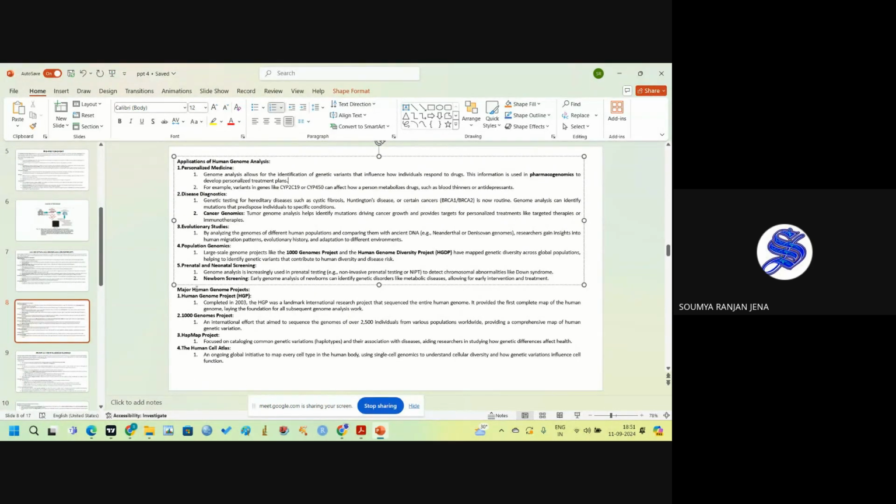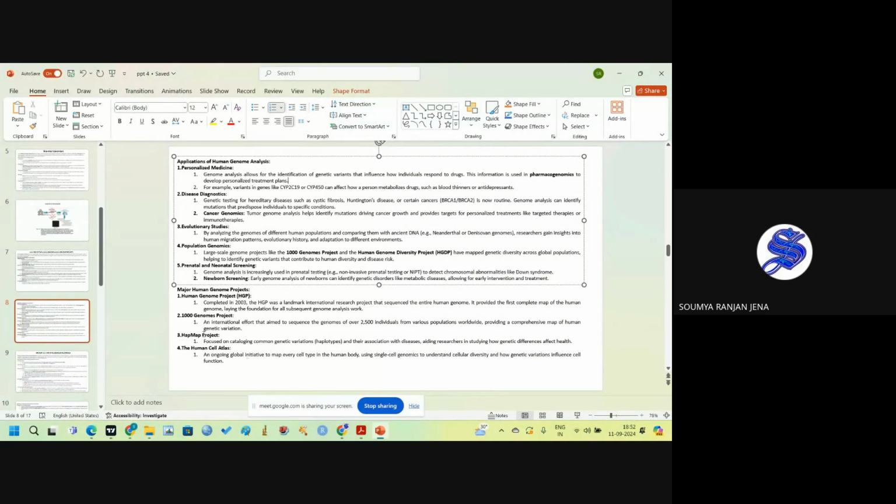This genome analysis is increasingly used for prenatal testing, that is non-invasive prenatal testing, NIPT, to detect chromosomal abnormalities like Down syndrome, or newborn screening. Early genome analysis of newborns can identify genetic disorders like metabolic diseases, allowing for early intervention and different types of treatments.